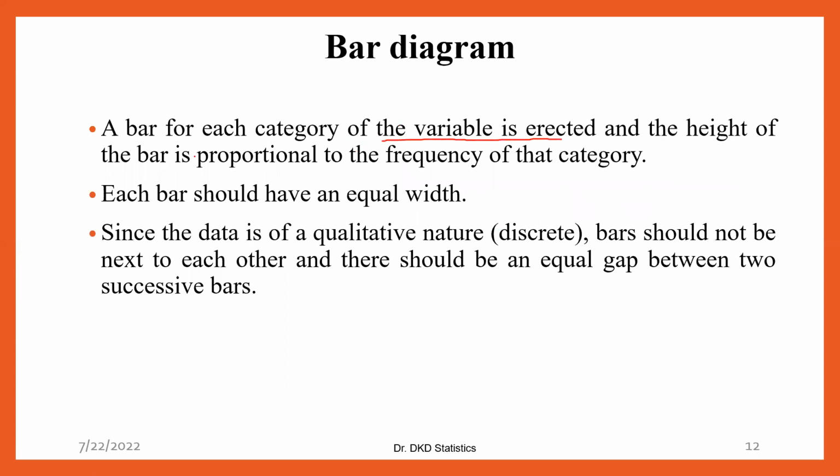The height of the bar is proportional to the frequency of that category, and each bar should have an equal width. Since the data is of a qualitative nature or discrete, bars should not be next to each other, and there should be an equal gap between two successive bars. This is the basic concept once we are going to create the bar diagram.